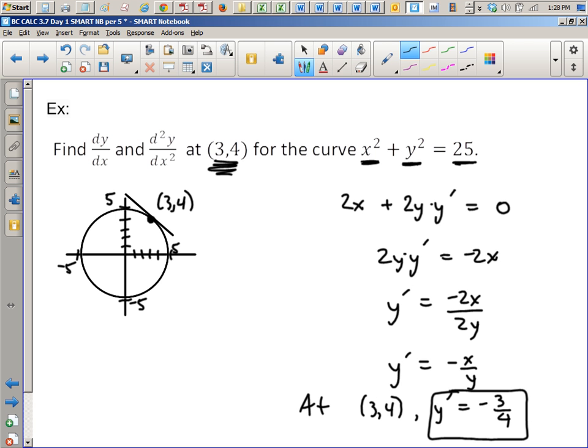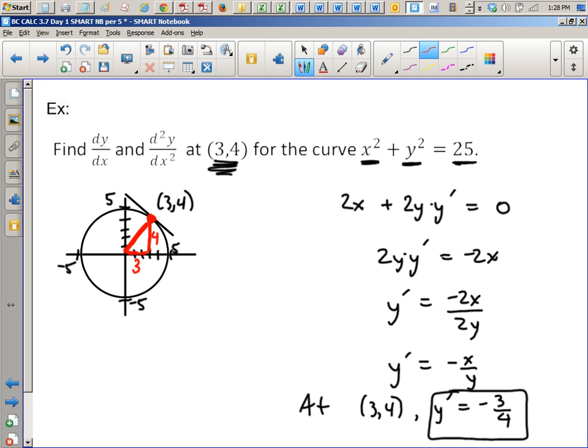Okay, let me convince you that you could have done that problem without the help of calculus. I'll bet this showed up on the SAT one year. This is the point 3, 4, right? Which means that to get to that point, you have to go over 3 and up 4.